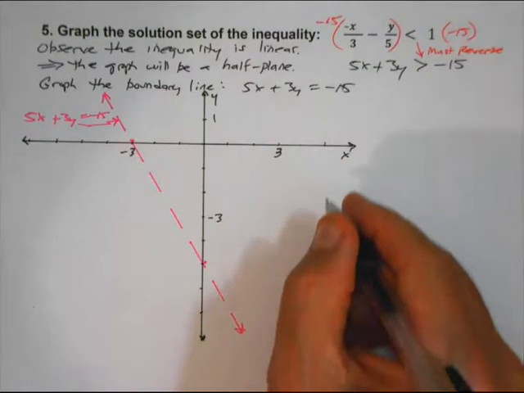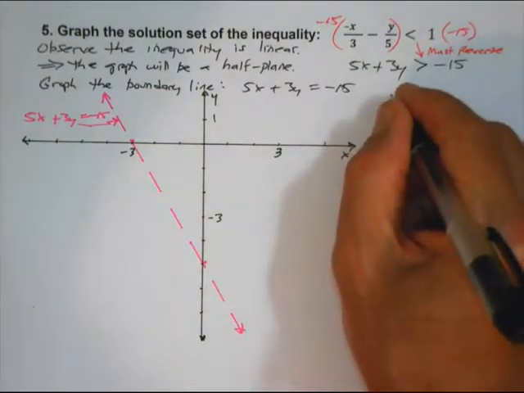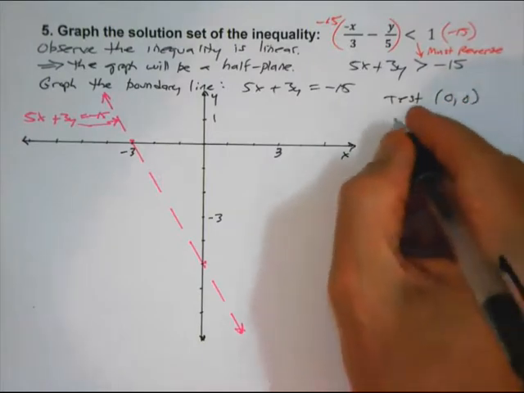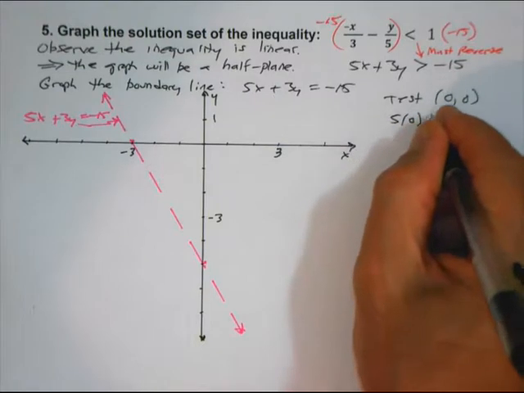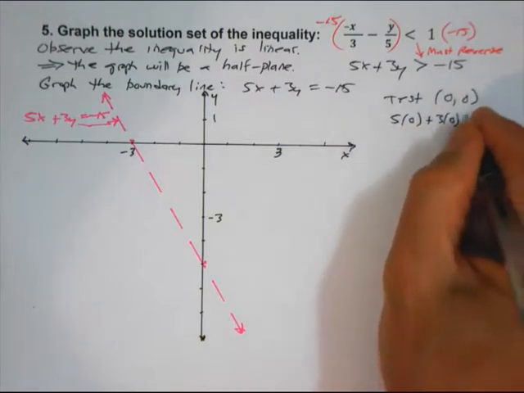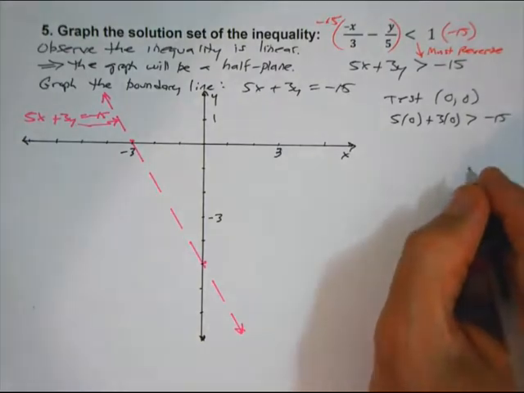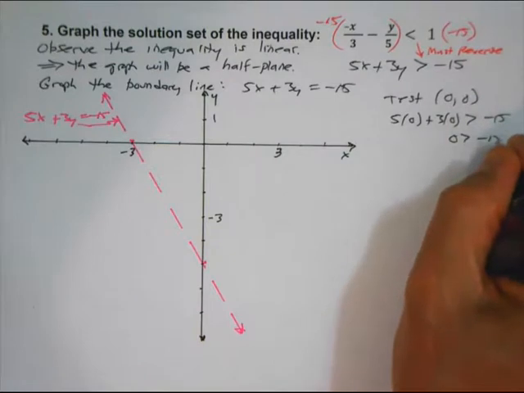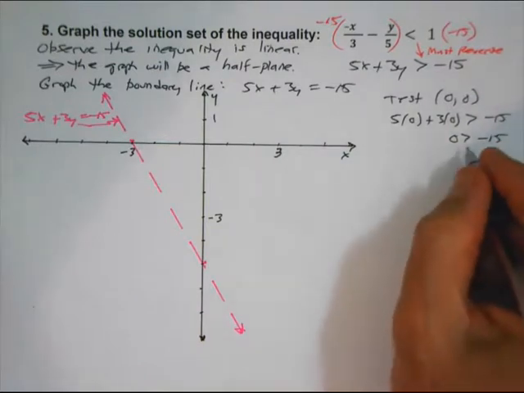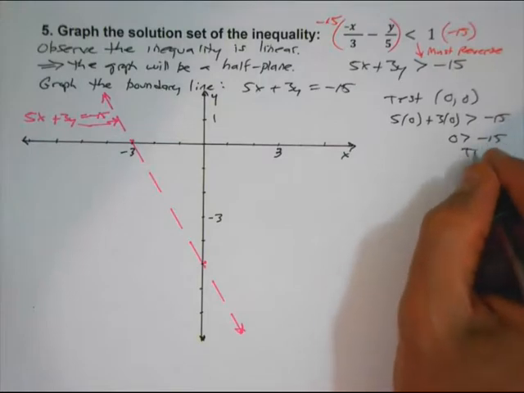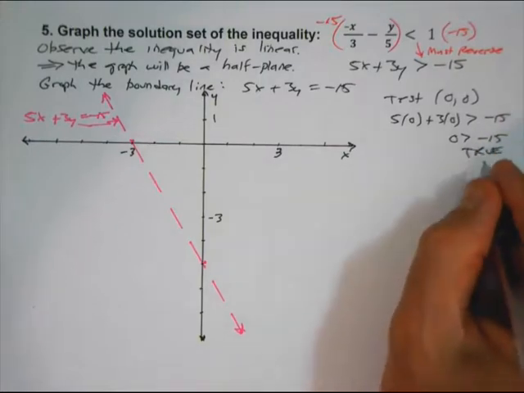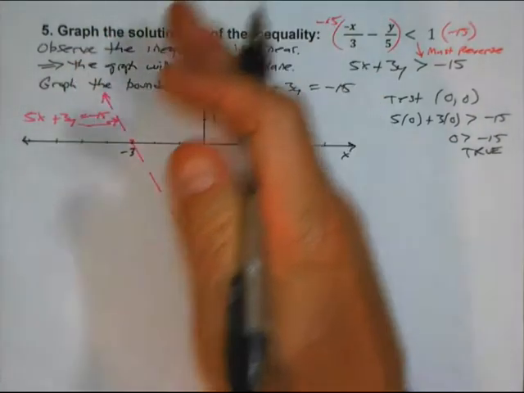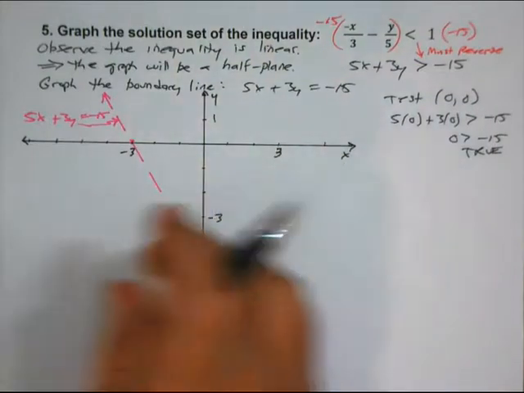So let's test (0, 0). We have 5 times 0 plus 3 times 0 greater than negative 15 upon substitution. This leaves us with 0 greater than negative 15. Well, 0 is greater than negative 15. It's true. So this means the solution set half plane is to this side, the (0, 0) side of the line.